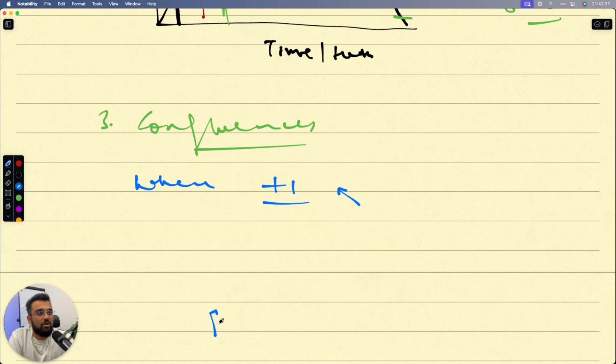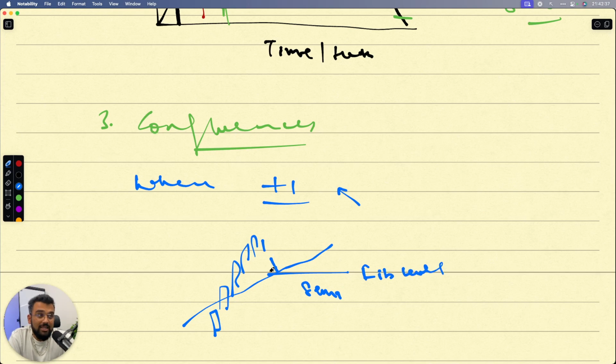For example, if the stock price is going up, and then it starts pulling back a little bit, and this is your 8 exponential moving average, 8 EMA, this is your Fibonacci level, Fib level. This area where these things are sitting, now there's multiple reasons why you can jump into this trade. One is the 8 exponential moving average, second one is Fib levels, third one can be an hourly level going through.